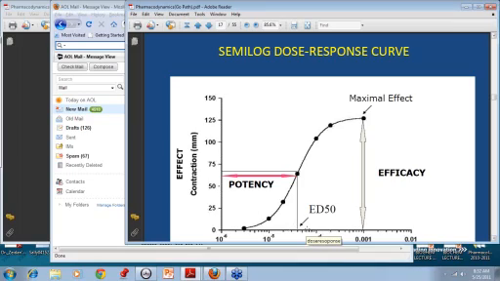So for instance, when you are dealing with angiotensin receptor blockers that are used by themselves or in combination to treat hypertension, this is one decent parameter that you have to look at. ED50, what does ED50 mean to you? What is this contributing factor? ED50 actually measures the affinity of the drug for the receptor.